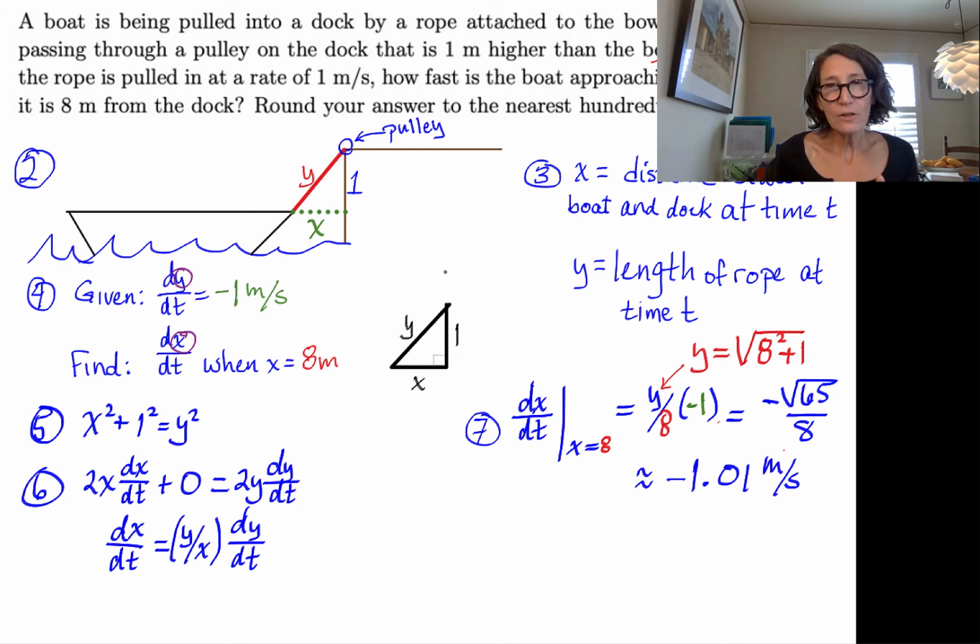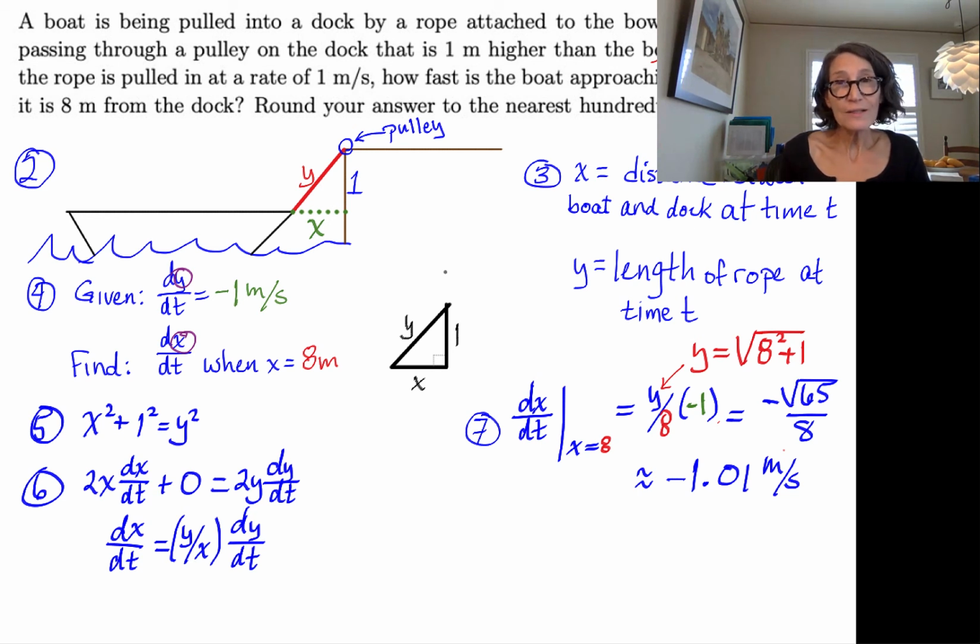But go back to the question and make sure we're answering the question correctly. It says, how fast is the boat approaching the dock when it's 8 meters from the dock? It doesn't ask at what rate the distance between the boat and the dock is changing, because that rate would be negative.